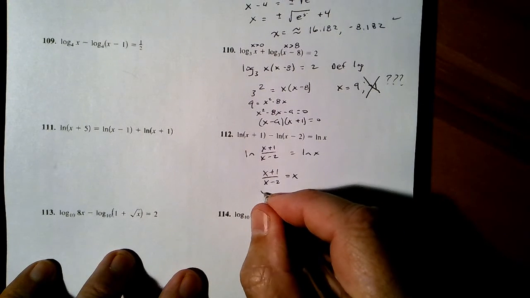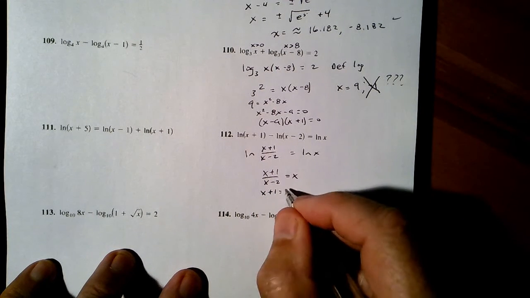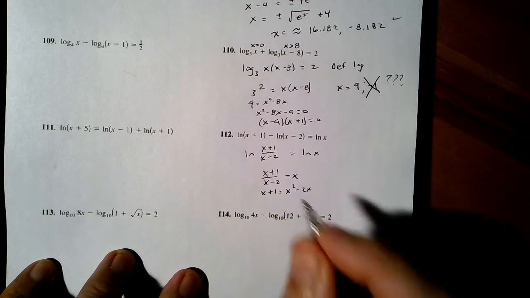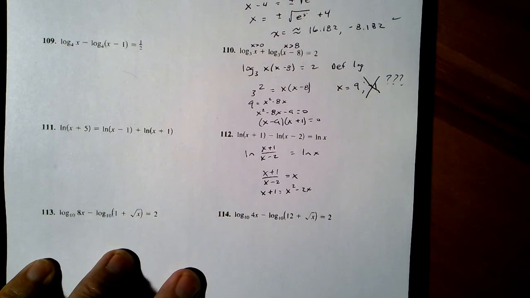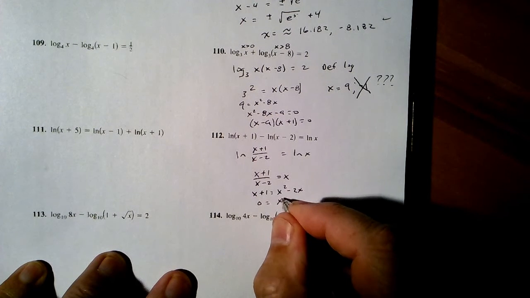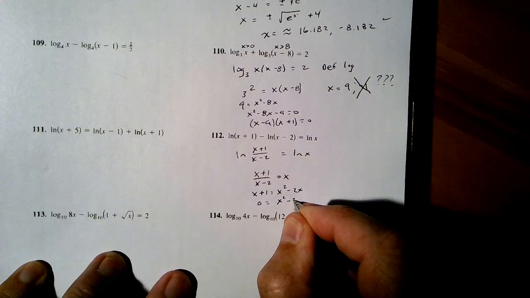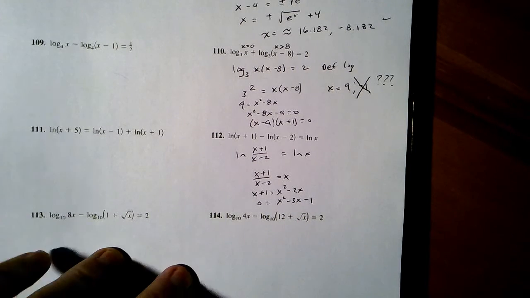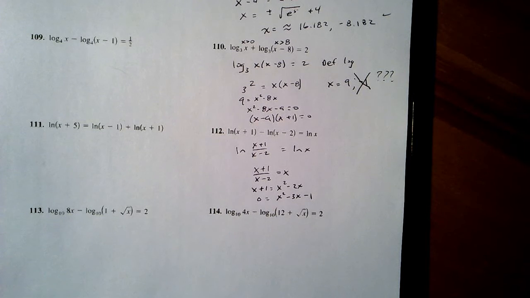Cross multiply. X plus 1 equals x squared minus 2x. Multiply both sides by x minus 2 is what we're really doing. Let's see, that's 0 equals x squared minus 3x minus 1, not factorable.